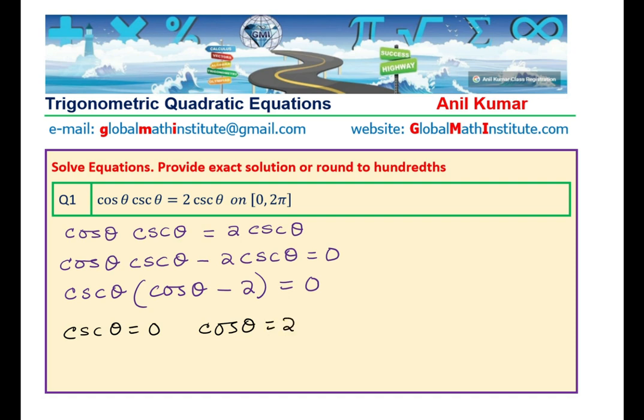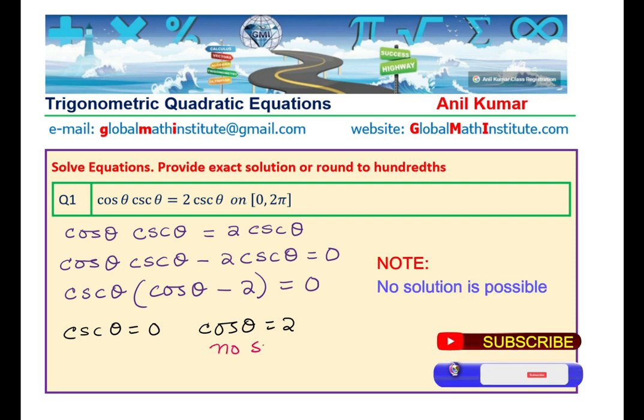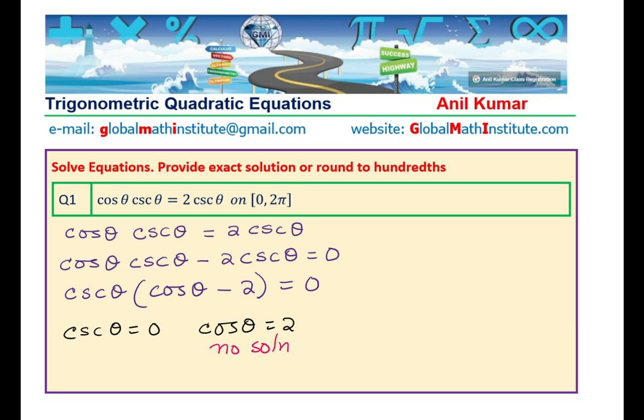As you know, cos theta cannot be 2, so we have no solution for this one. Cosecant theta equals 0 also does not have any solution, since you know that the value of cosecant theta is either less than minus 1 or greater than 1. So here also we have no solution. So in this particular example, we do not have any solution for the given equation.